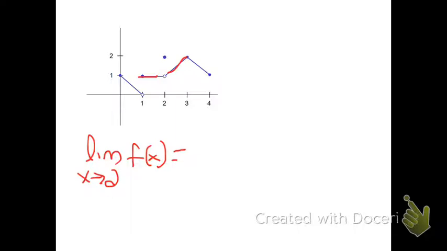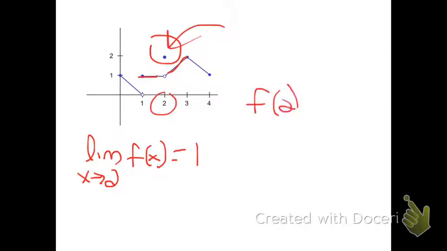Then yes, the limit as x approaches 2 exists, and it would be the height that the graph approaches at 2, which is 1. This stray point up here has nothing to do with the limit, because the limit is the height the graph approaches, not necessarily the height the graph is actually at. This stray point up here is actually f of 2. f of 2 is 2, but that's not the value of my limit.